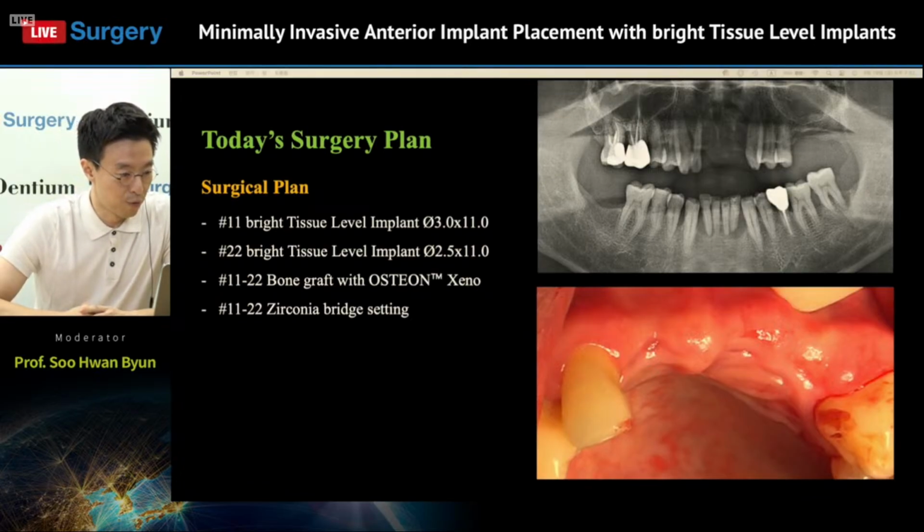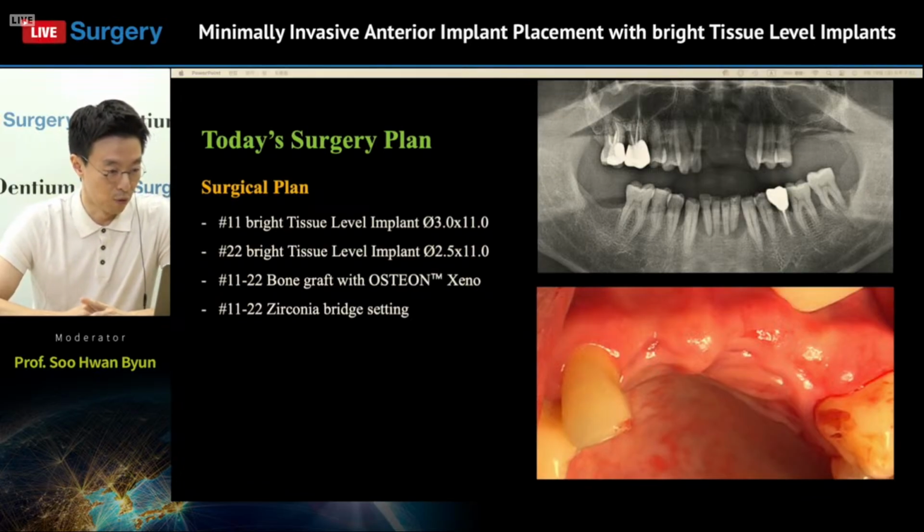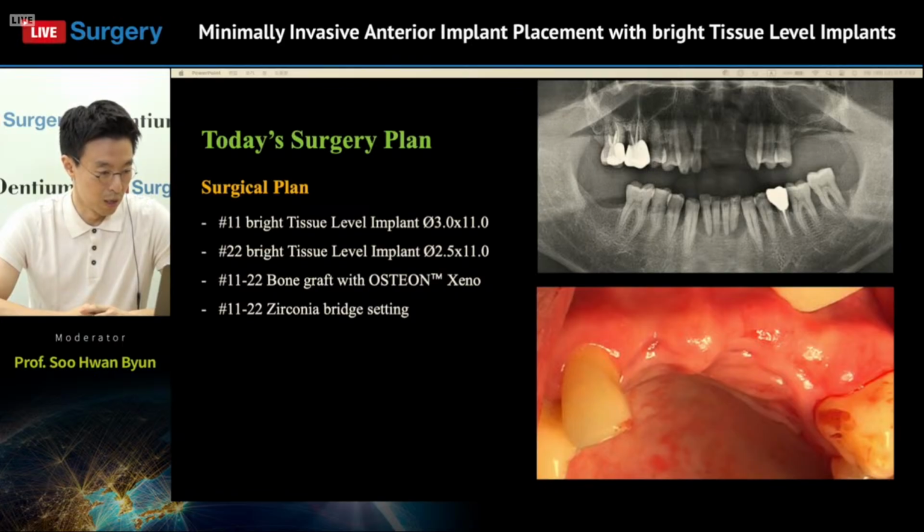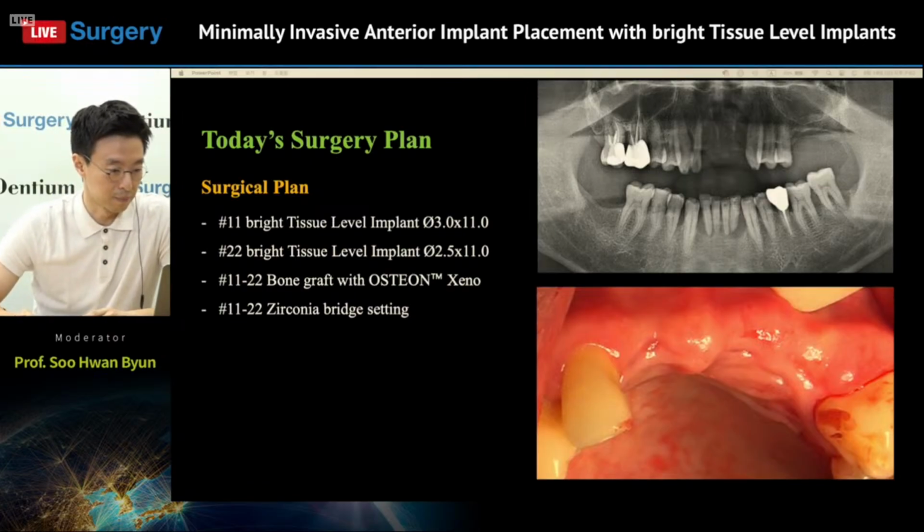The upper photo is the preoperative panorama, and the lower photo is the preoperative intraoral image. You can see that the ridge was thin.